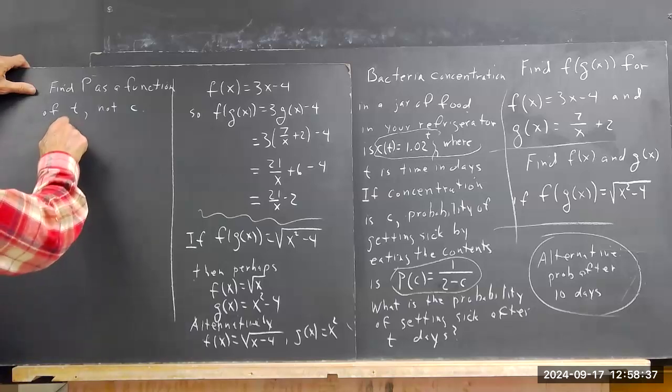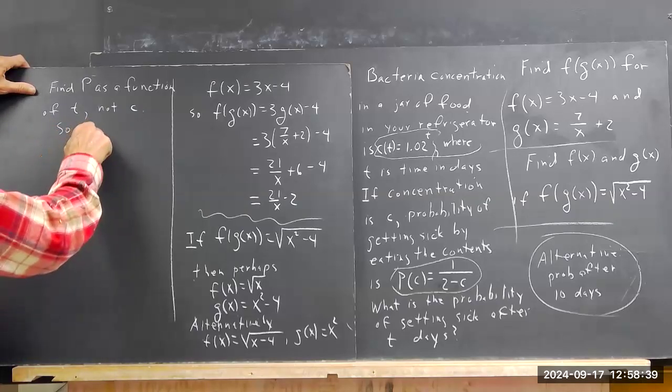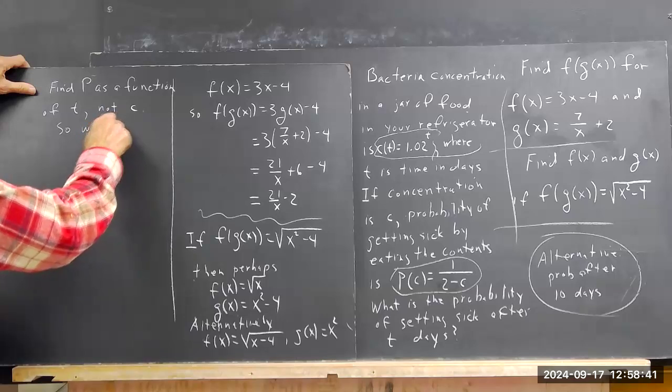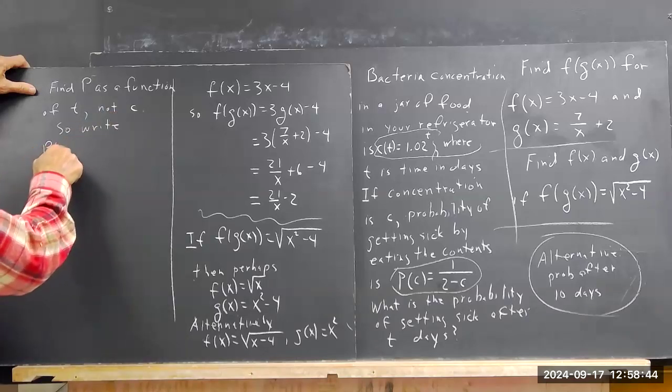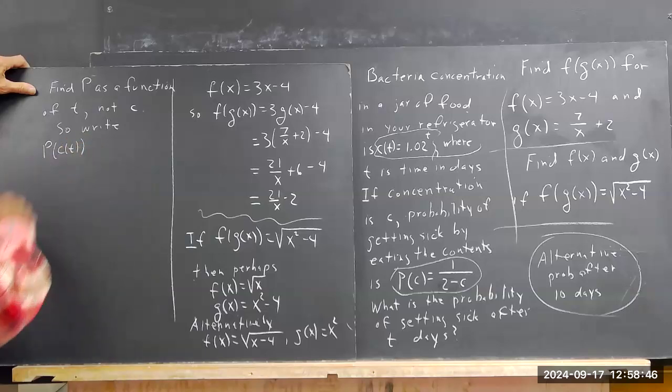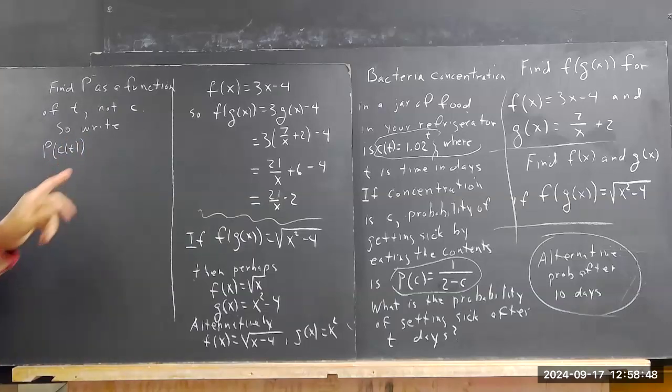So write P of C of T. So it's do the composite.